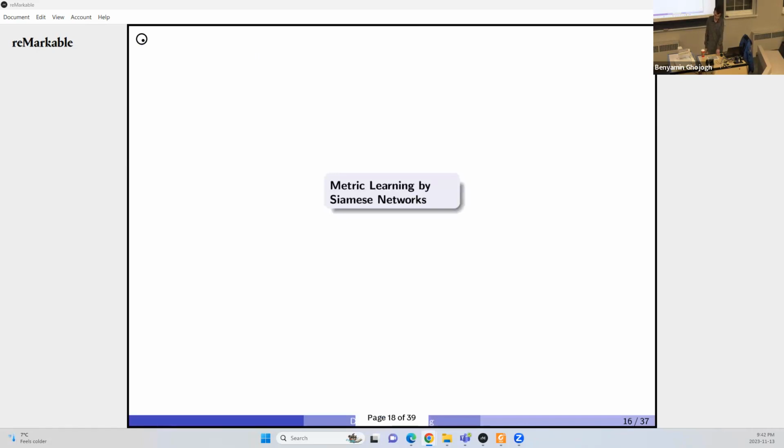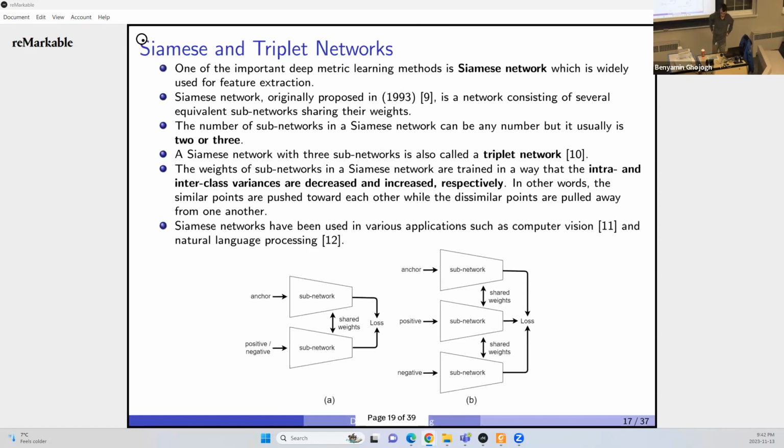Metric learning by Siamese networks. That's also important. One of the important deep metric learning methods is Siamese networks. What is it? It is used a lot for feature extraction. It's very useful. I have several papers on Siamese networks. Okay.